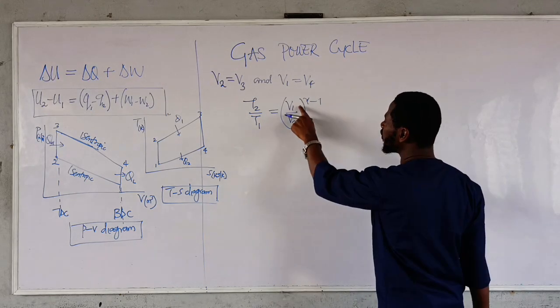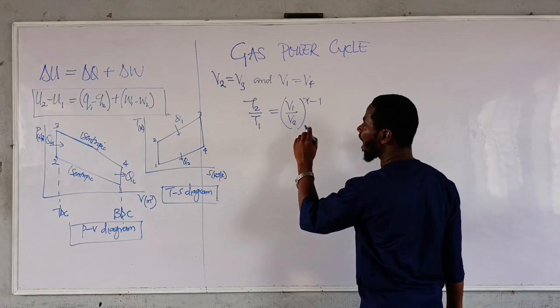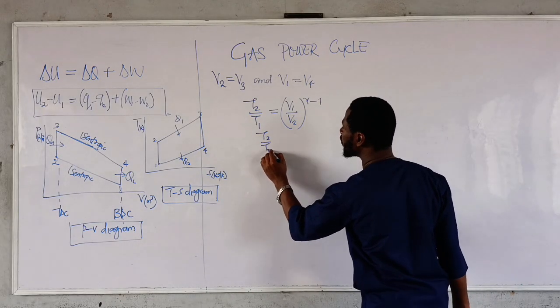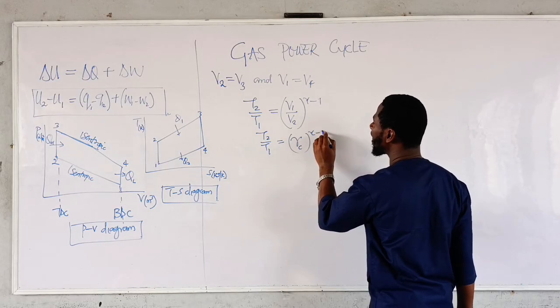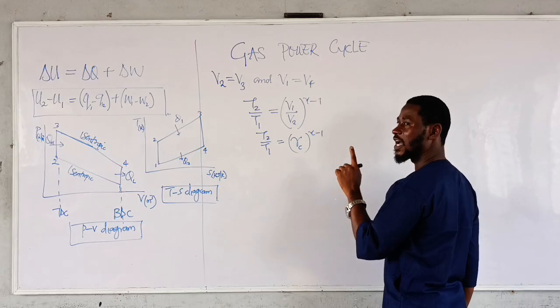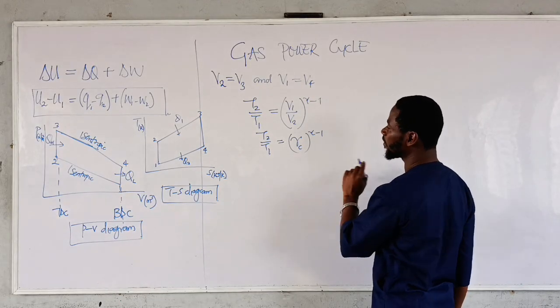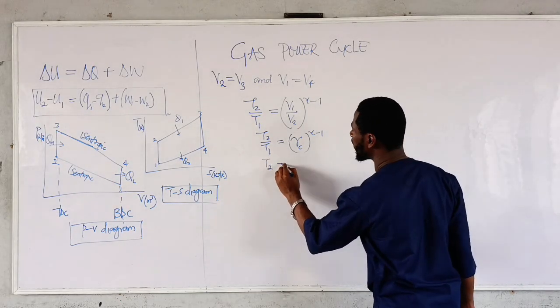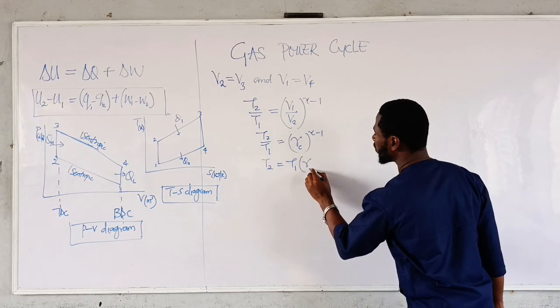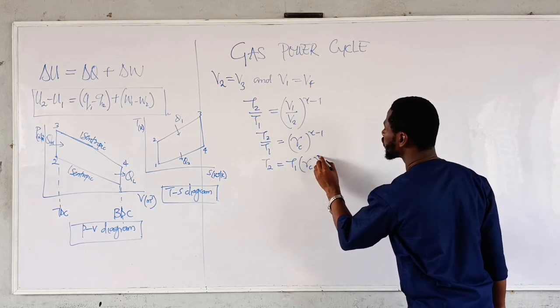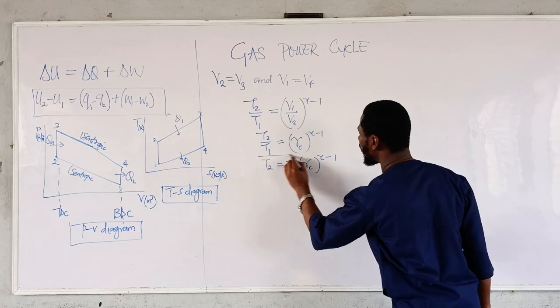So we can use V1 over V2 as r. T2 over T1 equals the compression ratio raised to the power of gamma minus 1. Now make T2 the subject of the formula. T2 becomes T1 multiplied by the compression ratio raised to the power of gamma minus 1.